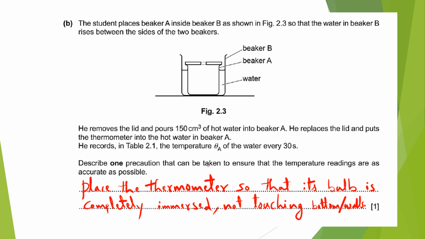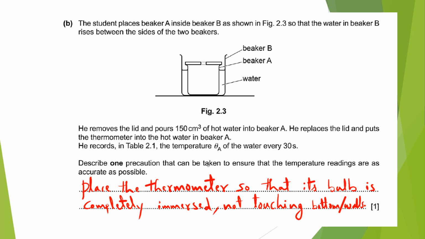He removes the lid and pours 150 centimeter cube of hot water into beaker A. He replaces the lid and puts the thermometer into the hot water in beaker A. He records in table 2.1 the temperature theta A of water every 30 seconds. So for every 30 seconds of interval, how the hot water is cooling, we need to find.